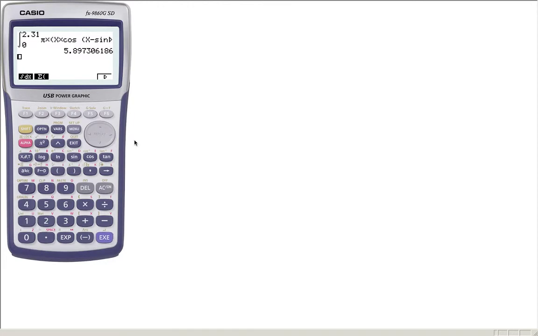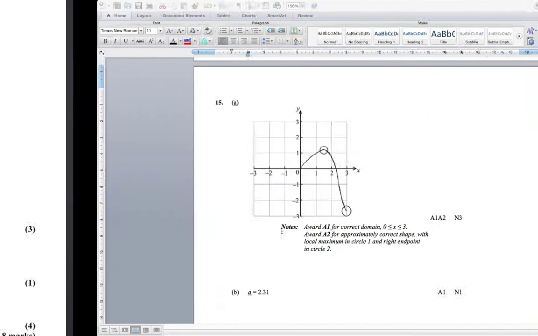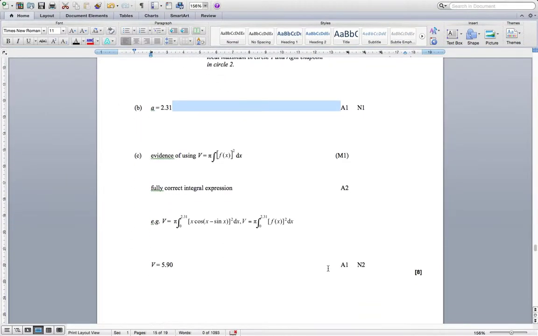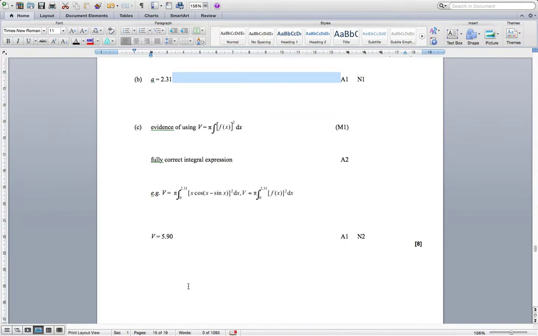So we get 5.897, so 5.90. The volume is 5.90. So that is correct, 5.90.